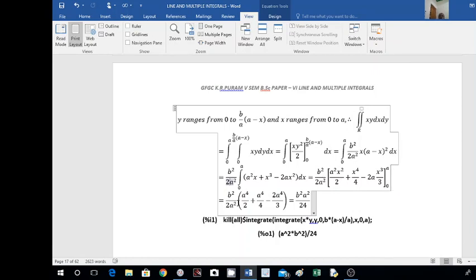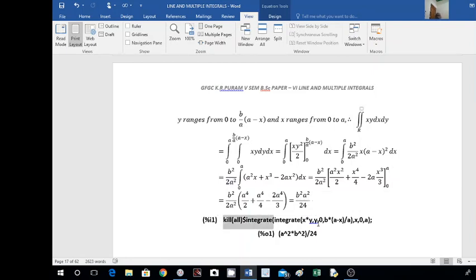Putting the upper limit x = a, this is a squared into a to the 4 by 2, plus a to the 4 by 4, minus 2a into a cubed by 3, that is 2a to the 4 by 3. If you take the LCM and simplify, finally you get a to the power 4 in the numerator, and a squared gets cancelled. The final answer is b squared a squared by 24.